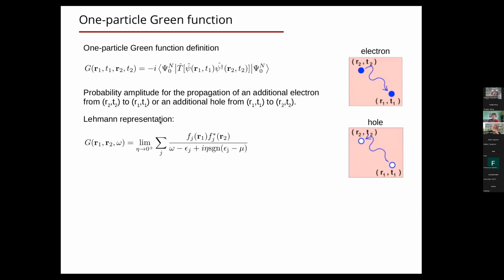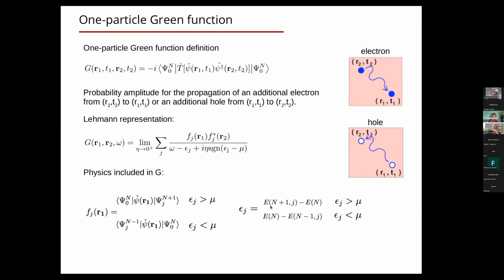We can understand this by using the Lehmann representation, and we can see that the poles of the one-particle Green function are exactly equal to the difference between an excited state of the N plus or minus 1 electron system minus the ground state of the N electron system. And this is exactly what we call bands in an interacting system. And so the goal of a Yambo GW calculation is exactly to find the poles of the one-particle interacting Green function.